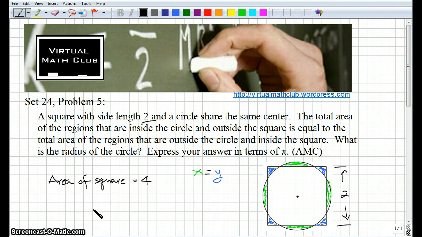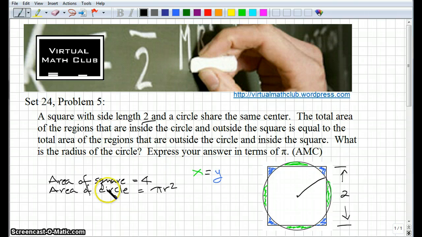Now the area of the circle is a little trickier. We would like to know the radius, because if we know the radius, let's say that's the radius, then the area of the circle is just pi r squared. But we don't really know the radius.